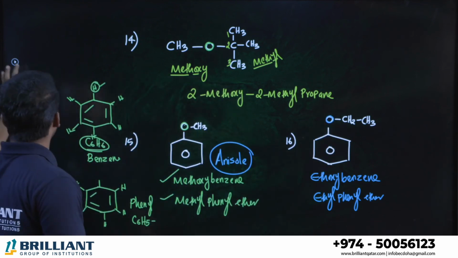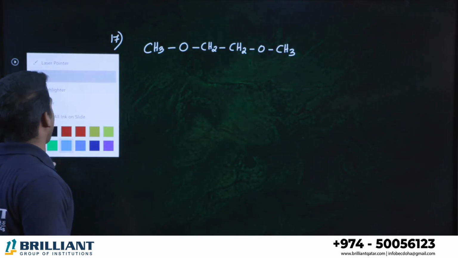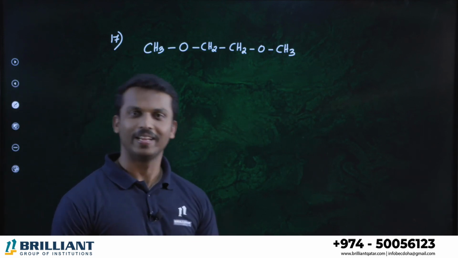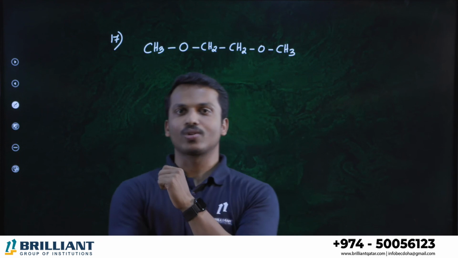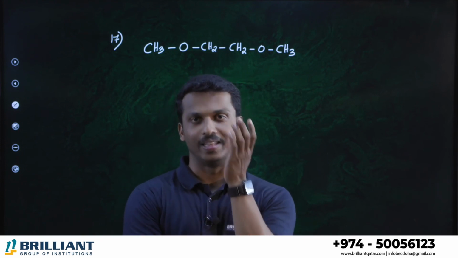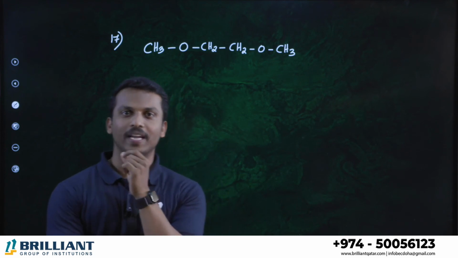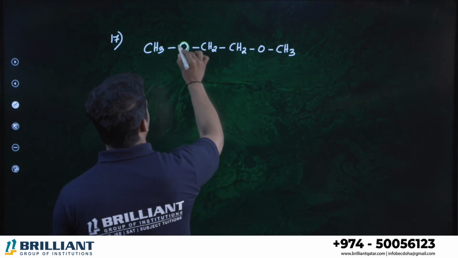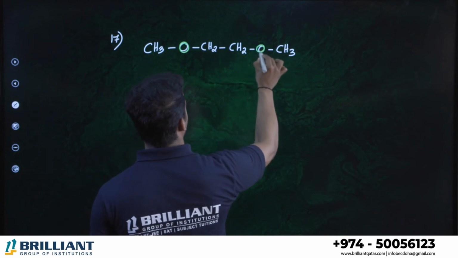Clear, all? One last, a different type of question we can observe. It's a little confusing, right? But an easy one. In this question, you can understand there are two ethers. This is a diether, yes or no? Two oxygens you can observe, one oxygen here, one oxygen here.